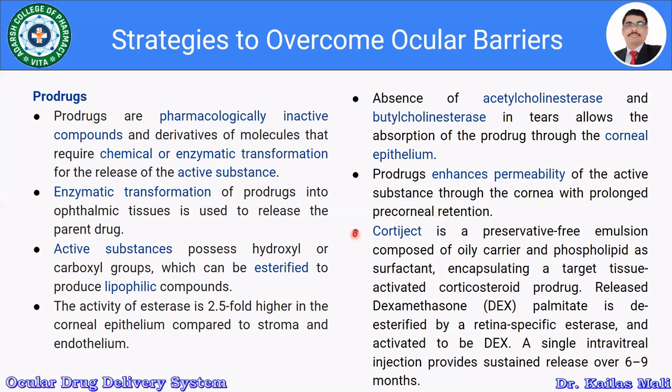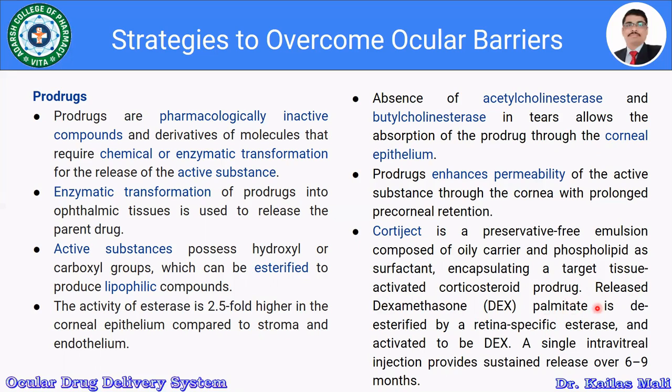There is one formulation which is available, that is Cortijet. It is a preservative-free emulsion composed of an oily carrier and a phospholipid as a surfactant, encapsulating a target tissue-activated corticosteroid prodrug. It releases dexamethasone palmitate.